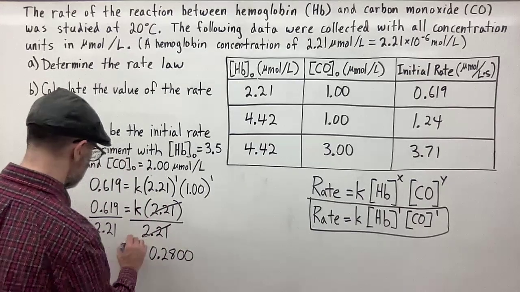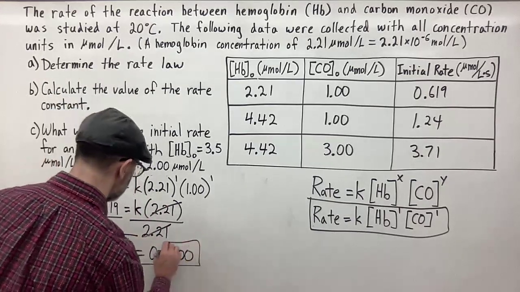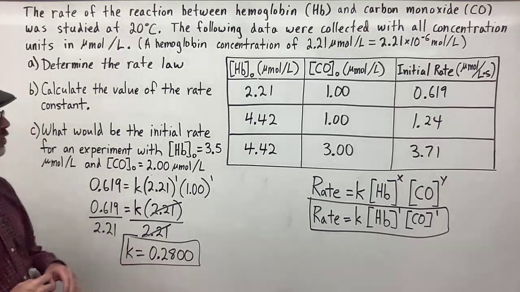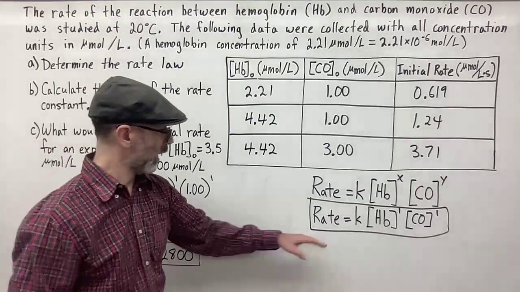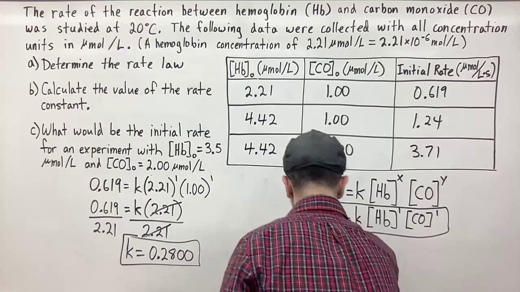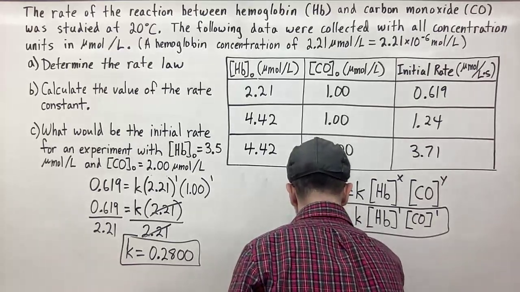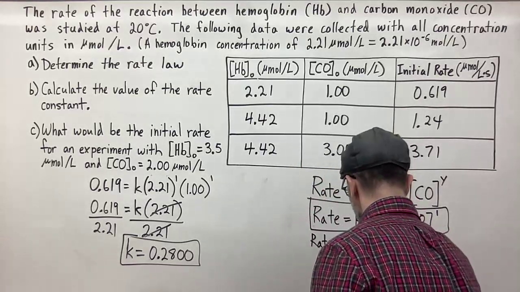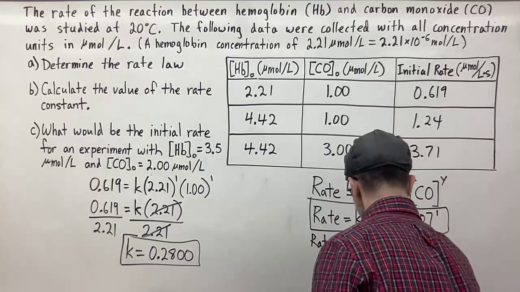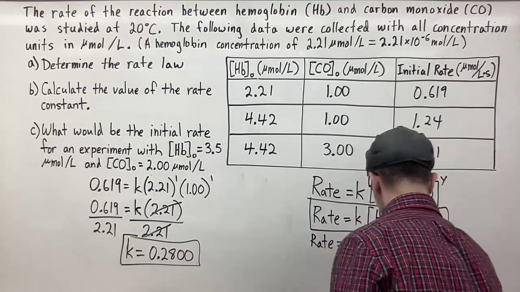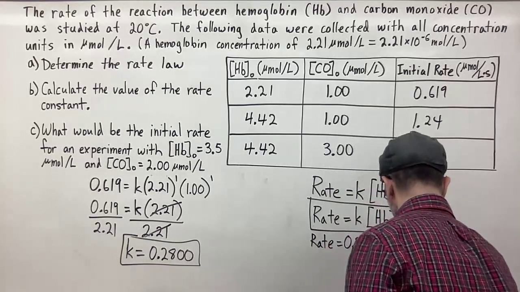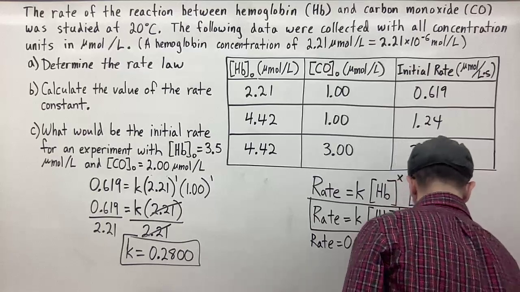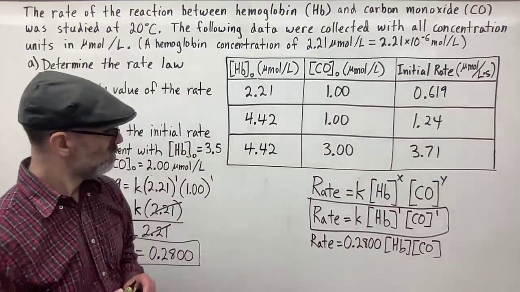So there's the rate constant. So we can add that to our rate law, right? So then the rate law would be equal to 0.2800 times the concentration of HbCO.